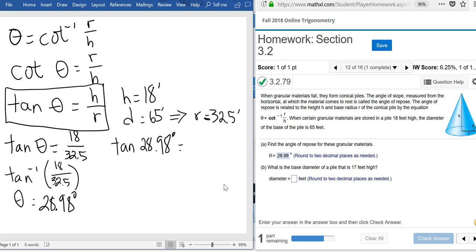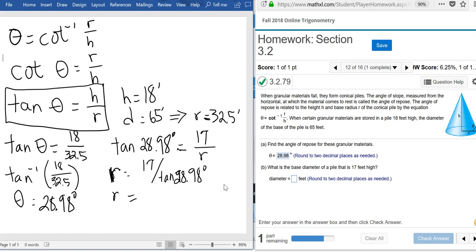and in this problem we know that the height is 17 and they want the diameter. So we find the radius first, which would be 17 divided by the tangent of theta. So r here would be 17 divided by the tangent of 28.98.